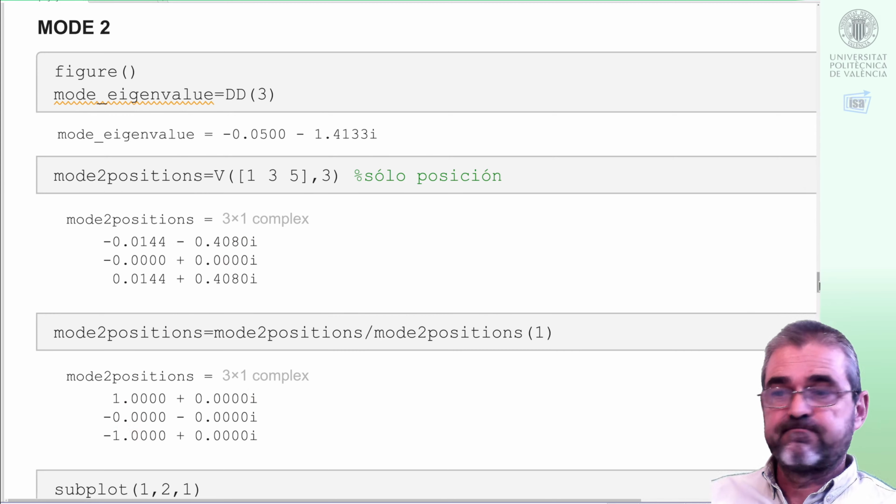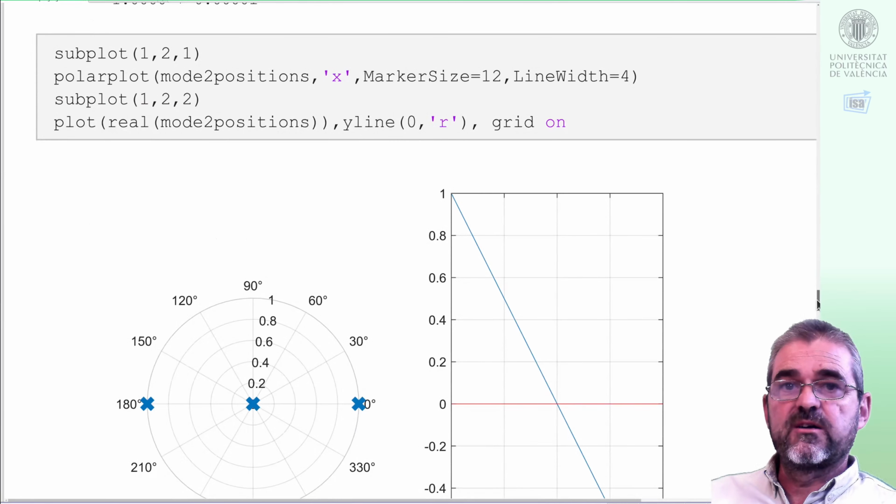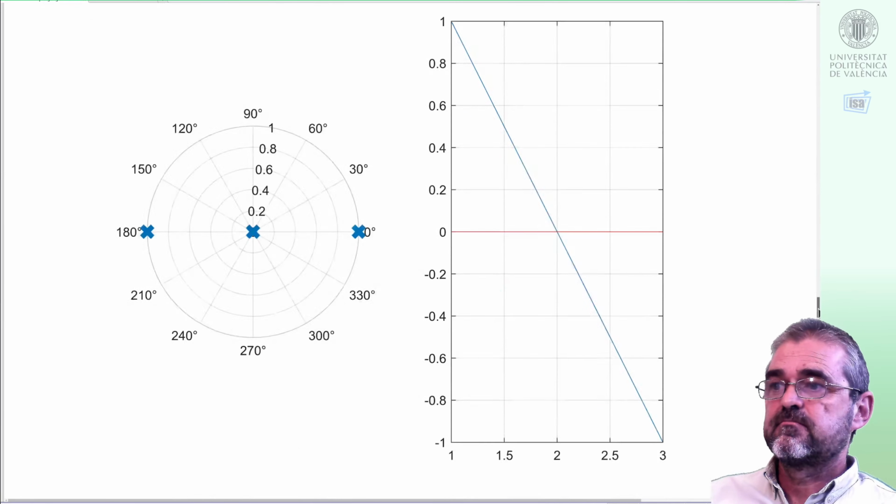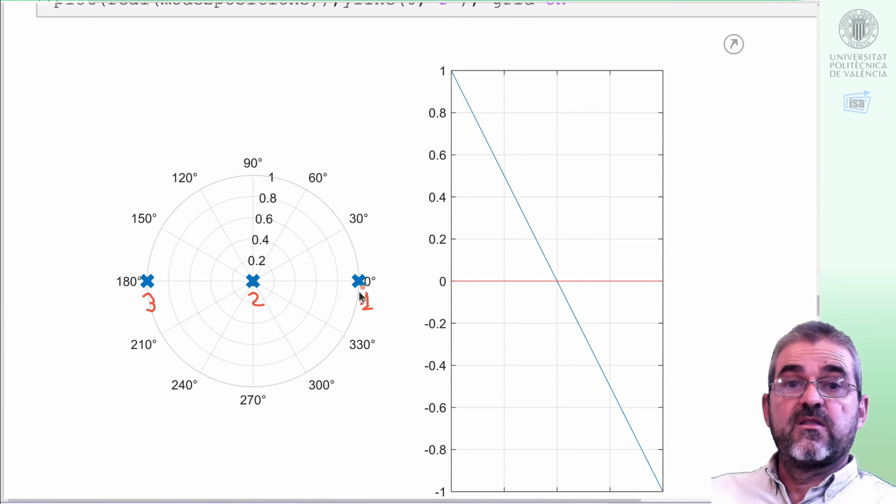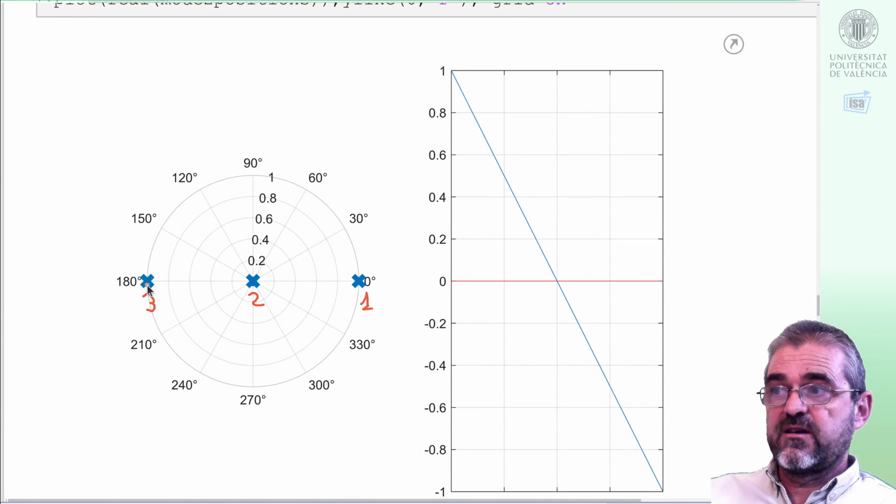second mode. In polar coordinates, it means that masses 1 and 3 move with the same amplitude but in opposed phase, and mass 2 remains without moving.